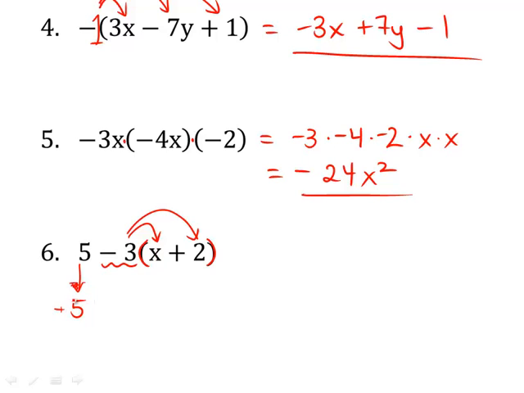This is a positive 5. Negative 3 times x gives us negative 3x. Negative 3 times positive 2 gives us negative 6. You'll notice we've got some like terms here. Let's put those together and keep our highest variable first, so negative 3x, and then 5 minus 6 is negative 1.